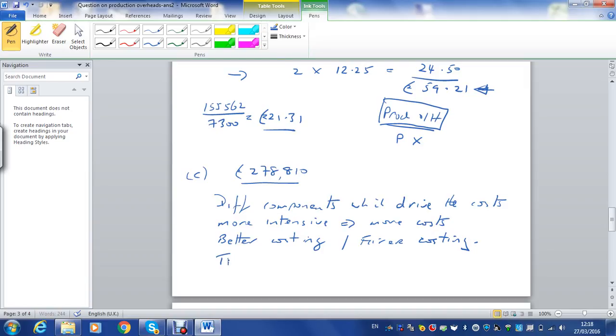By getting a true cost, this can lead to a better pricing decision.